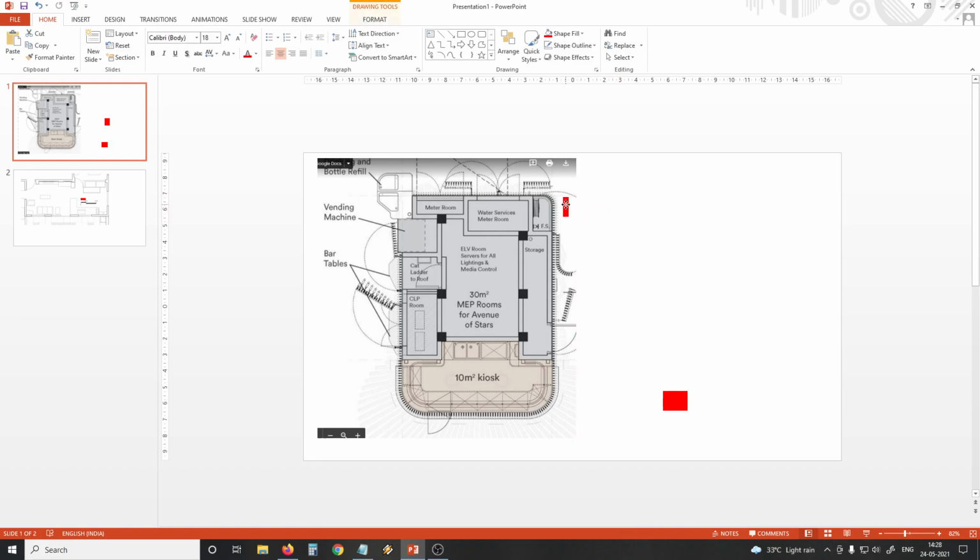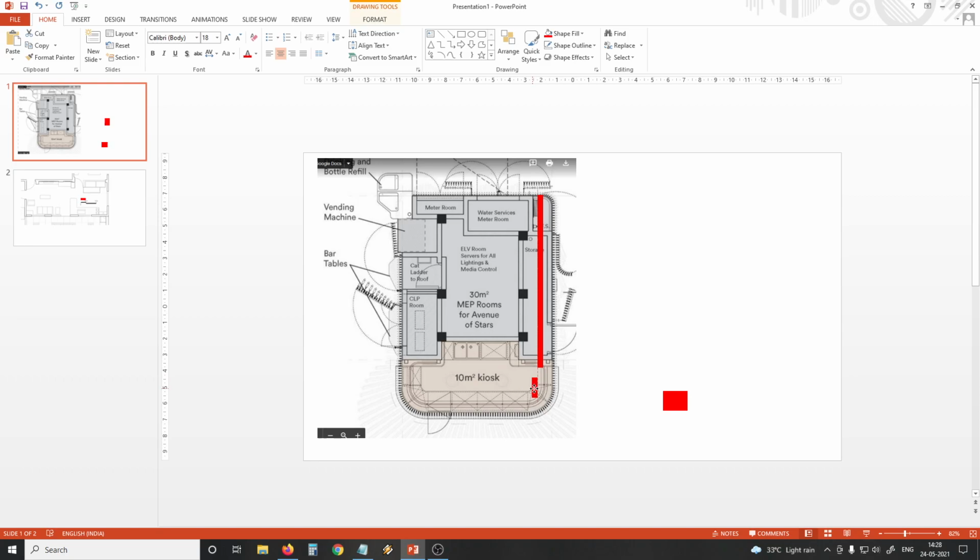Now if I place it here in this line and then go here and like this and like this, I can get a fair idea of the approximate sizes of each room and each part of whatever is present here. It's tedious and manual work, but if you have to do this, you will have to do it the hard way.